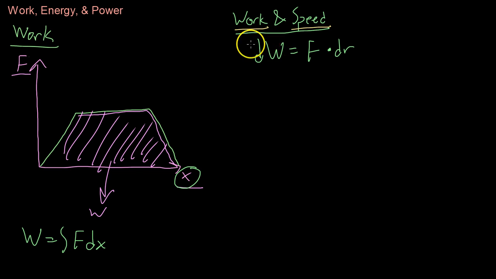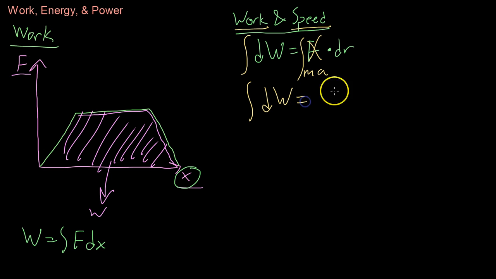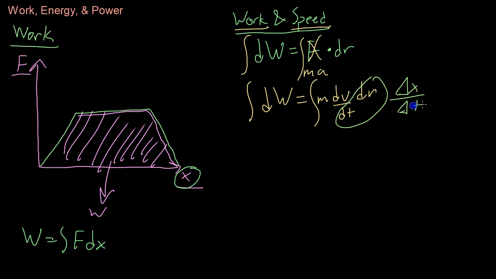We'll start off with our definition of work, and because we're looking at speed, instead of force we're going to be using ma, because this is just the derivative of velocity, and then integrating both sides we get that the integral of work equals m times dv/dt times dr. But we know that dr/dt is simply the velocity, because it's the change in position with respect to time.